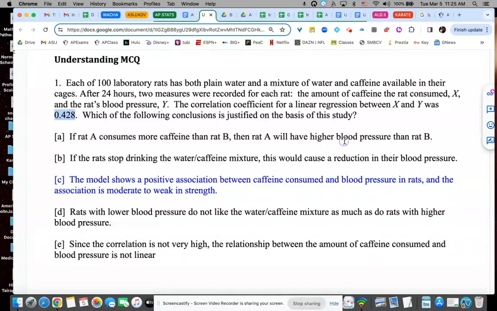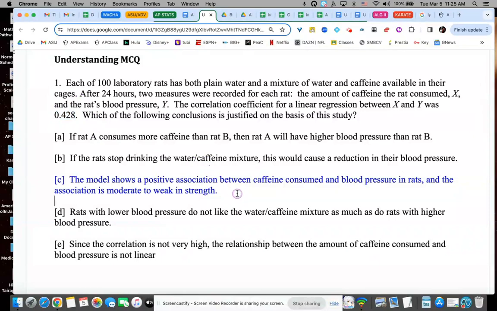So when you go through these, part A is talking about individual rats. On the scatter plot, we really have no idea what each individual little rat is doing. This is just an average. Another option says a reduction, but no, it's a positive association, so it should go up.